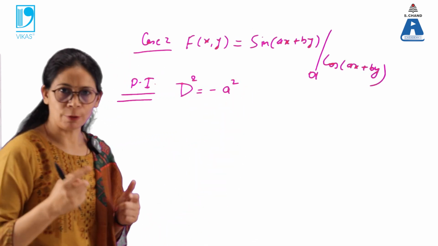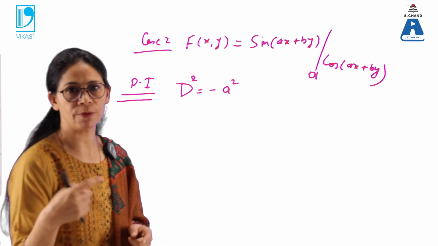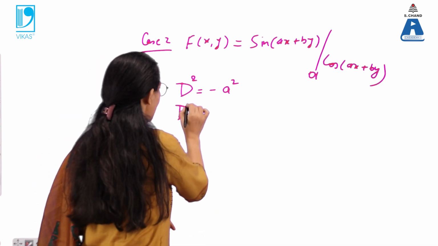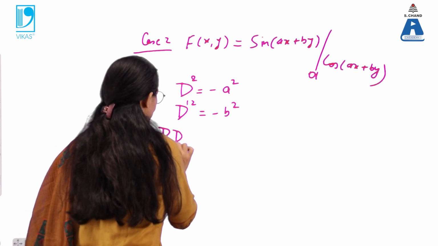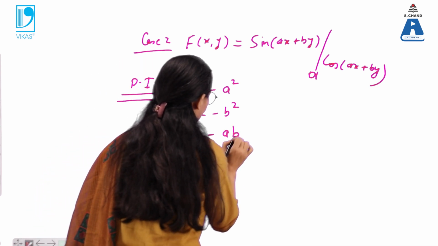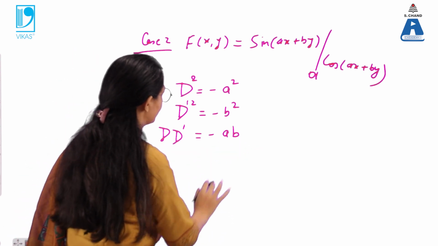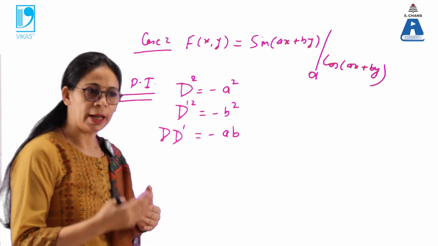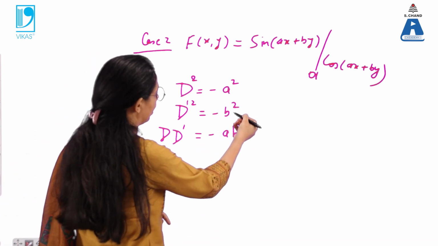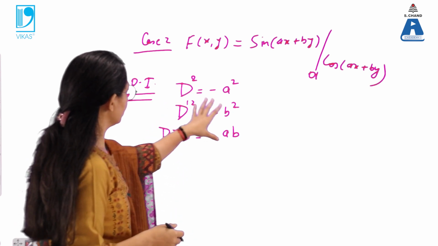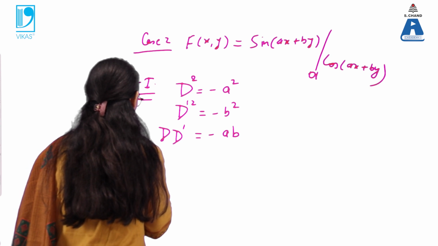I would like to mention here that it is not minus a whole square, it is minus of a square. D' square is minus of b square, then DD' is minus of ab. So it is not minus a into minus b, DD' will be replaced with minus ab, and that's how the f(D, D') form can be replaced with a square, b square and ab by taking these substitutions, and then the PI can be written.